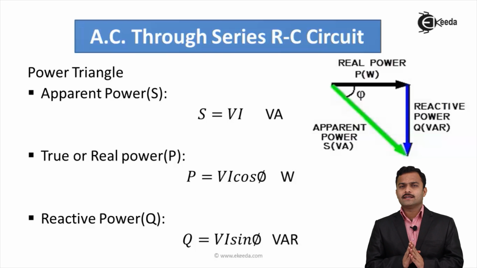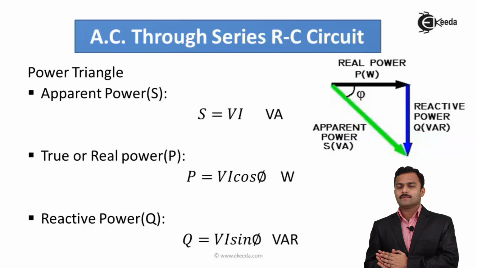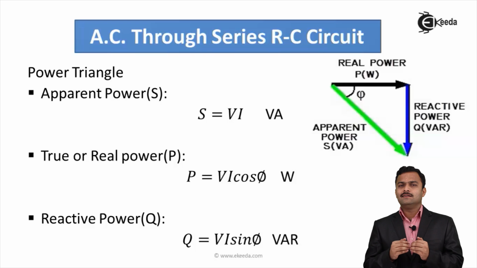Hence, cos phi is a power factor which will be leading in nature, because we have seen cos phi is positive for positive angle as well as negative angle. So, how to determine the nature? The nature is determined by the position of current with respect to voltage. For inductive circuit, current lags voltage, therefore power factor is lagging. For capacitive circuit, current leads applied voltage, therefore nature of power factor is leading.